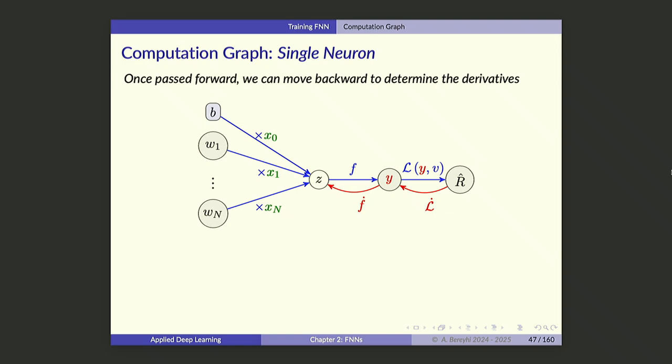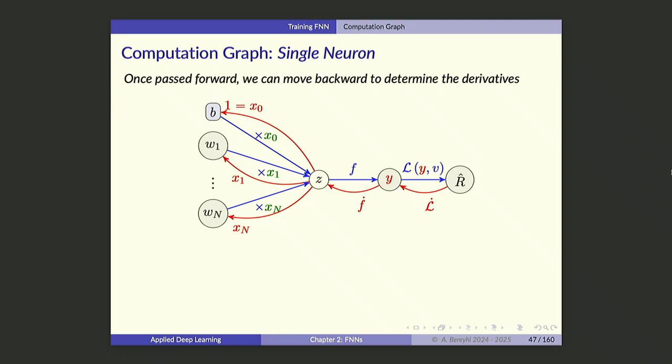It's some function that I can compute the derivative of. I do know the value of z, so I'm going to put that value of z inside that derivative expression. I have the next derivative, right? I want to get to b because I want to compute the derivative with respect to b. So the next thing is that I move from z to b. And this is going to be the same thing for w1 till wn.